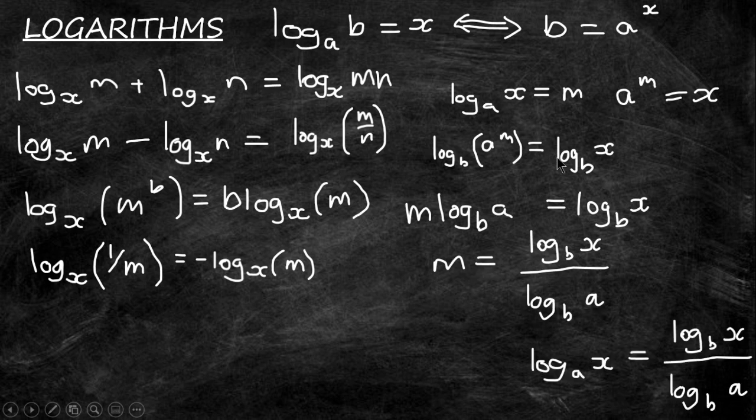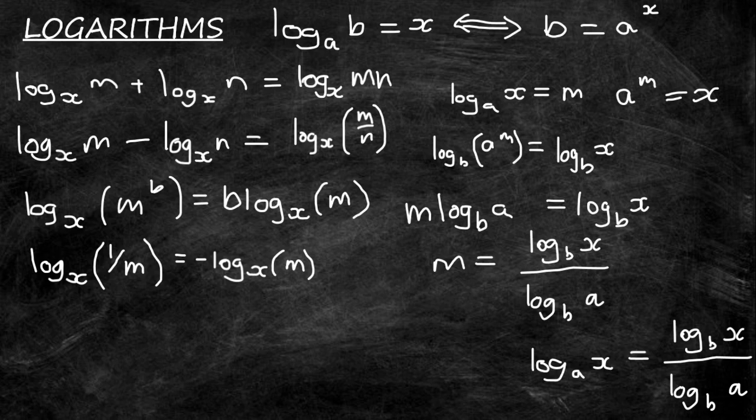So we can write that log base a of x is equal to log base b of x over log base b of a. So here we've changed the base of the logarithm from a to b, so we've changed what the base is, and then written it as two logarithms with a new base divided by one another.